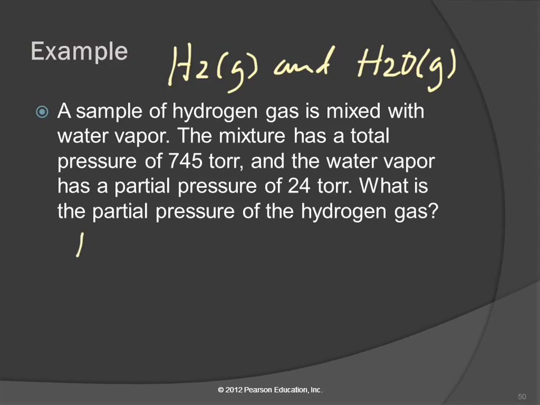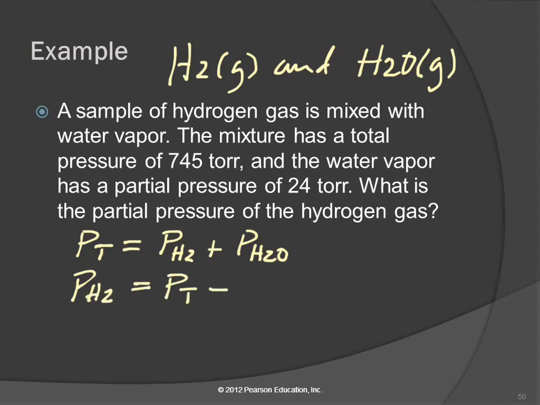Well, Dalton's law of partial pressures tells us that the total pressure equals the pressure of the hydrogen plus the pressure of the water. So if we rearrange this equation, the pressure of the hydrogen gas must equal the total pressure minus the pressure of the water. They gave us the total pressure, 745. They gave us the pressure of the water.